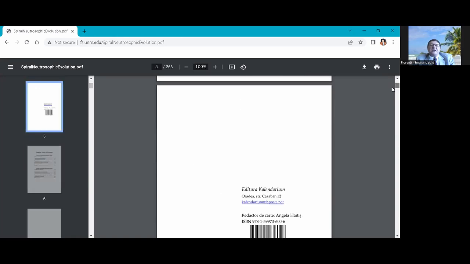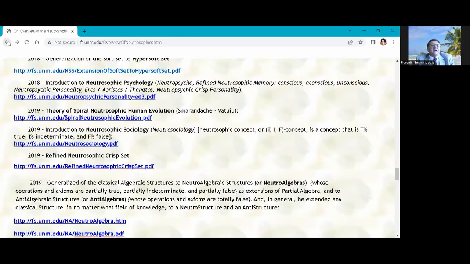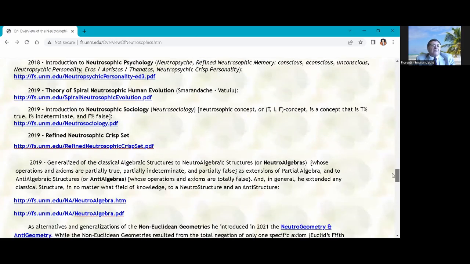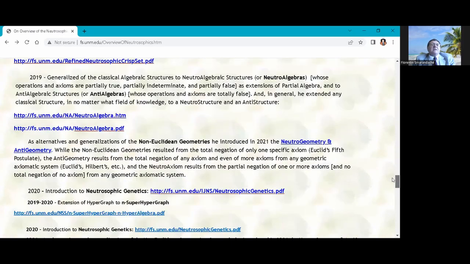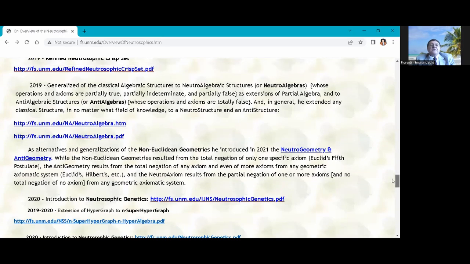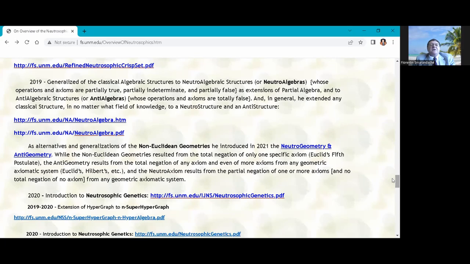So it is partially ascending, then a little descending, and ascending again. The last development was in 2019 about neutrostructures and anti-structures, where I developed the neutral algebra and anti-algebra.